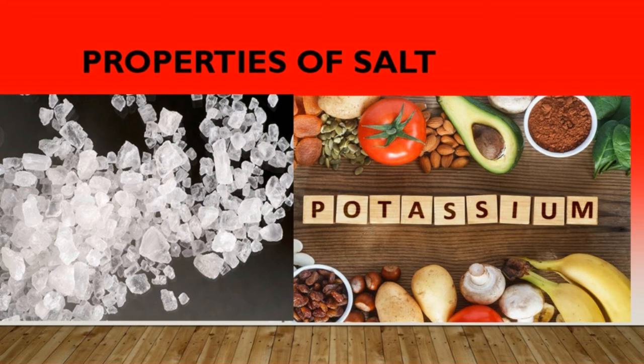But silver chloride is insoluble in water. It will not mix with water. They are odorless, mostly white in color, cubic crystals with a salty taste. The salt is hygroscopic in nature.